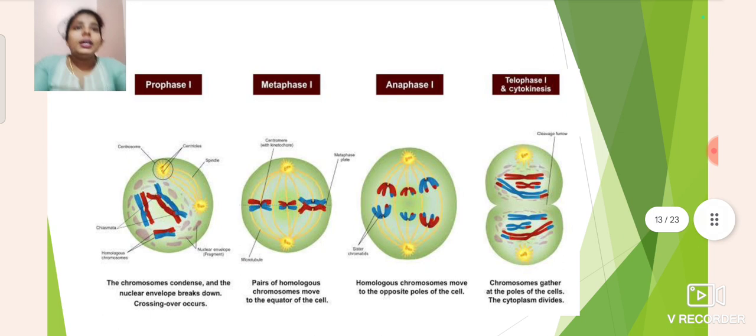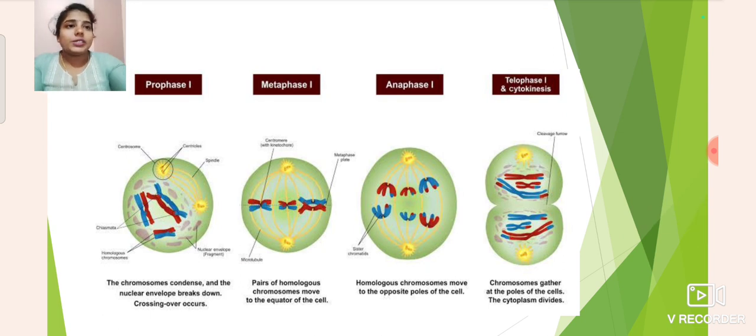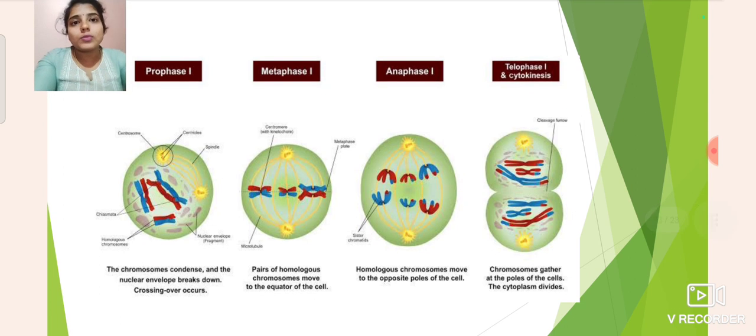Let's see the whole picture of meiosis I. Meiosis I has four stages: prophase I, metaphase I, anaphase I, and telophase I. Prophase I consists of leptotene, zygotene, pachytene, diplotene, and diakinesis. In leptotene, the chromosomes are very thin, long, distinct, and lightly stained, and small bead-like structures appear on the surface of the chromosomes.